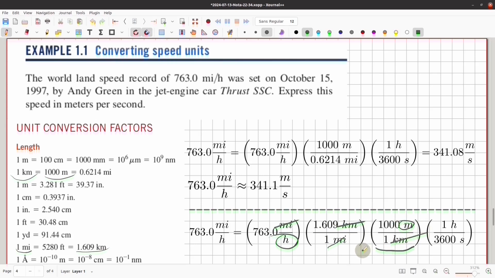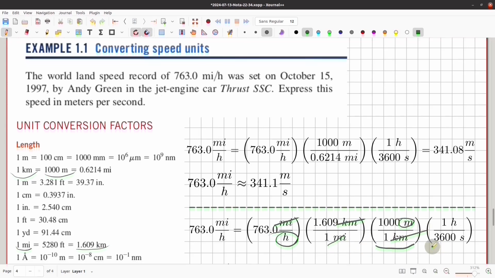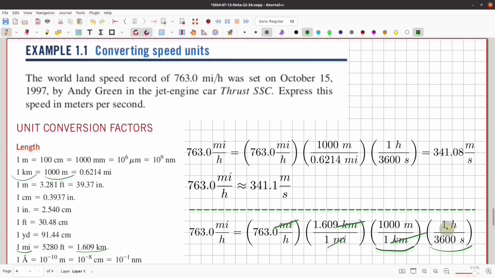Exactly what we want. Finally, as we did before, we use the conversion factor between hours and seconds. 1 hour is equivalent to 3600 seconds, positioned to cancel out hours. Now we are left with meters per second, our target units.